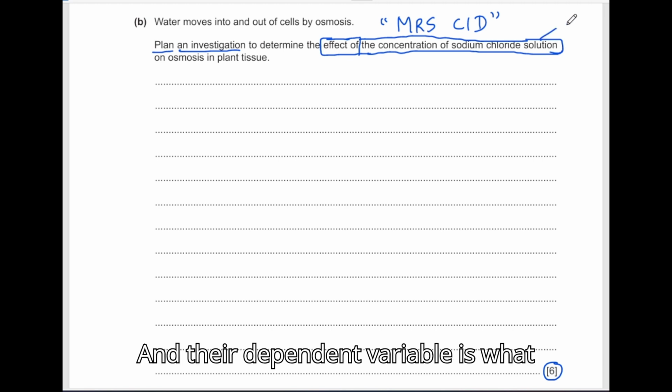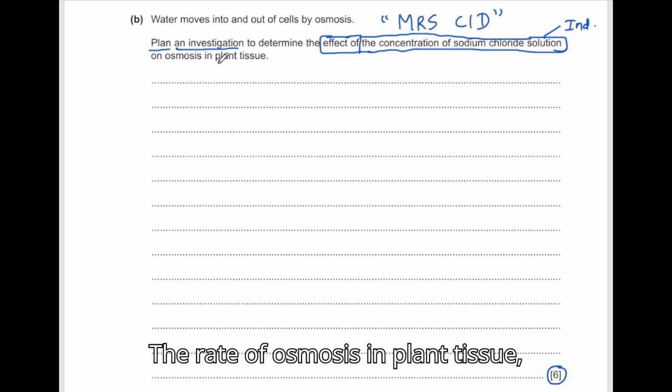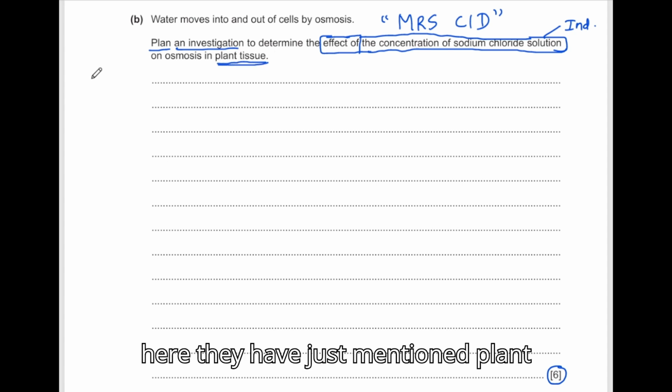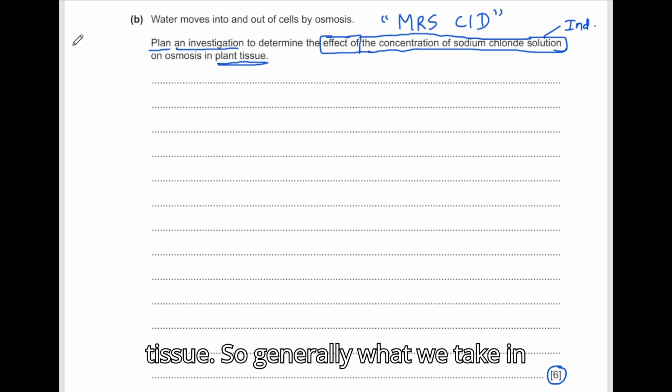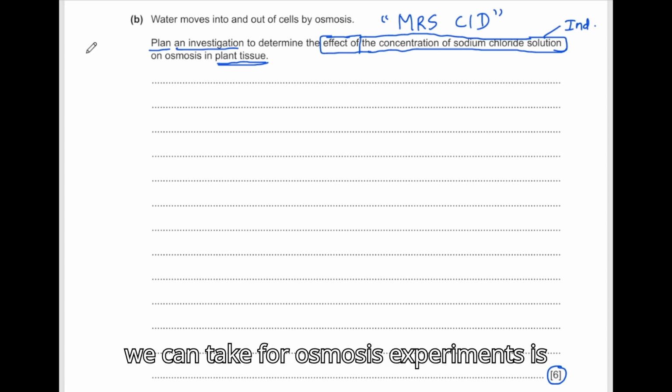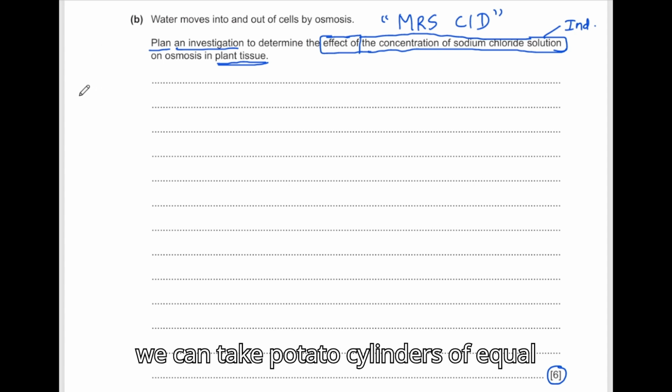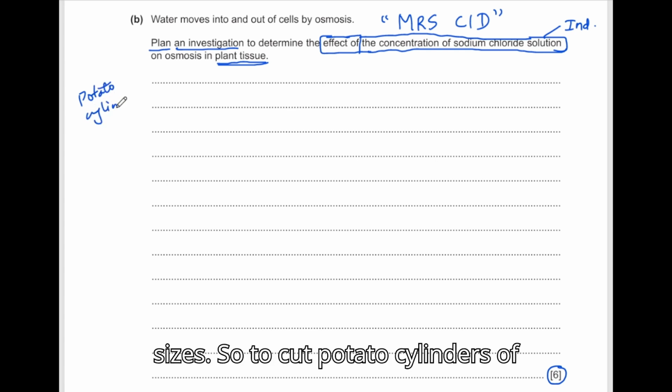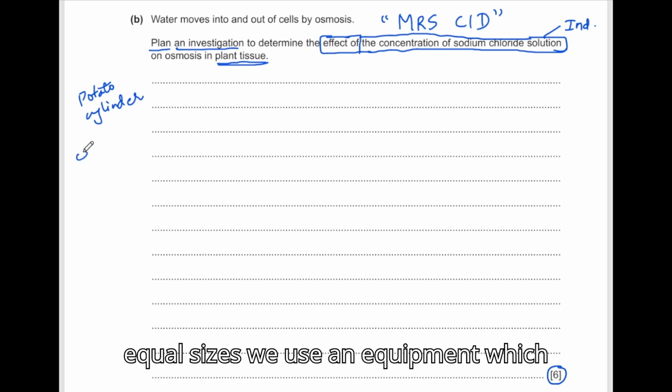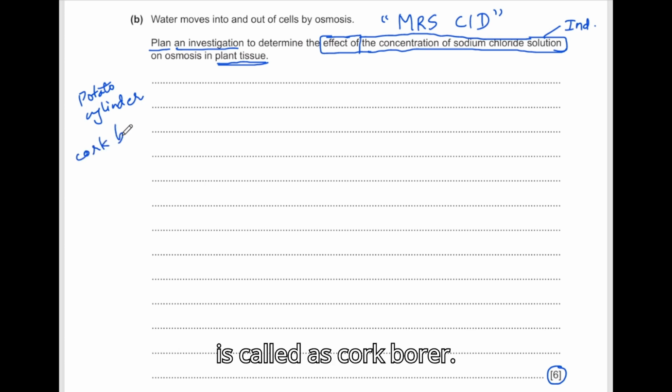And the dependent variable is what follows: the rate of osmosis in plant tissue. Here they have just mentioned plant tissue. So generally, for osmosis experiments, we can take potato cylinders of equal sizes. To cut potato cylinders of equal sizes, we use an equipment called a cork borer.